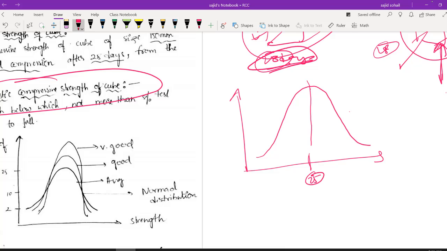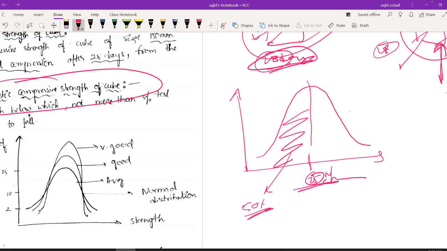I hope you got it. So there will be some cubes which have strength less than 25 and some cubes which have strength greater than 25. Whenever you want to design exactly 25 Newton per mm square compressive strength, obviously some cubes will have strength less than that, some greater than that, right? So you can literally say, as per this diagram, 50% of your cubes will have strength less than 25 Newton per mm square.